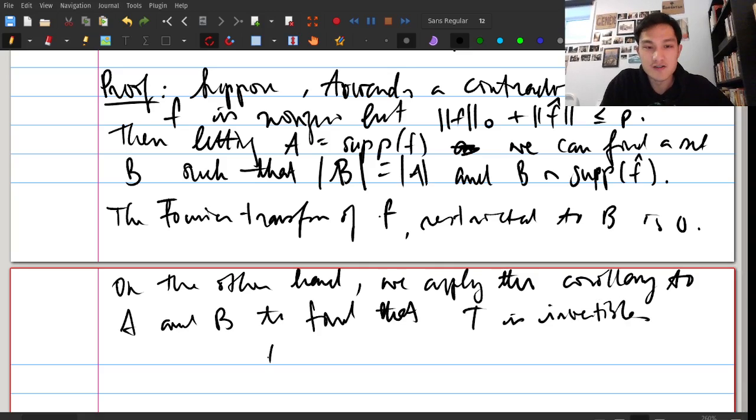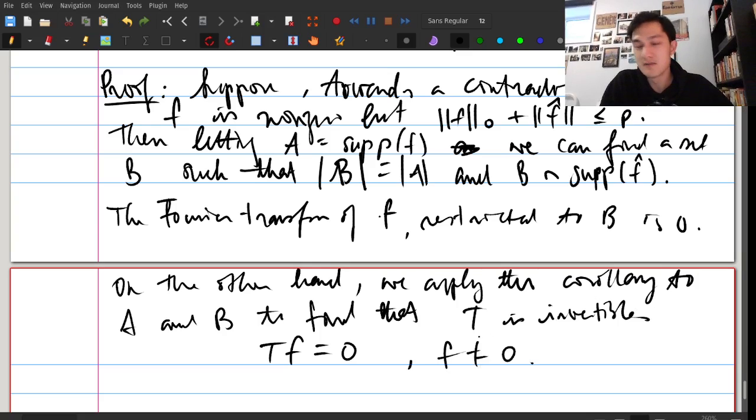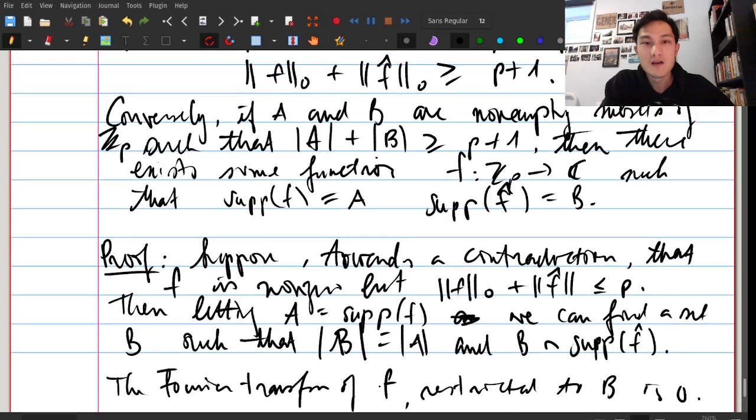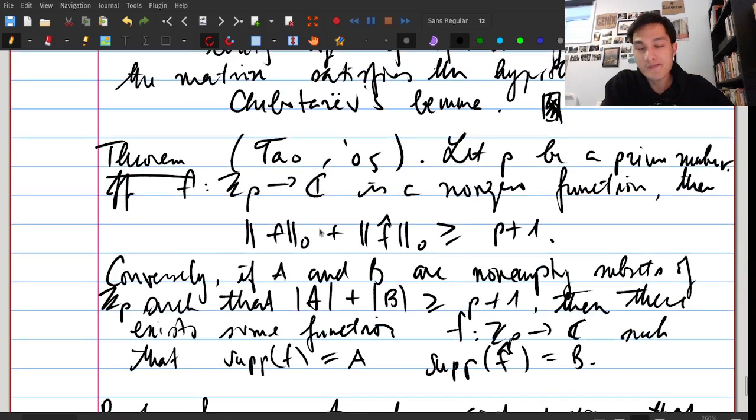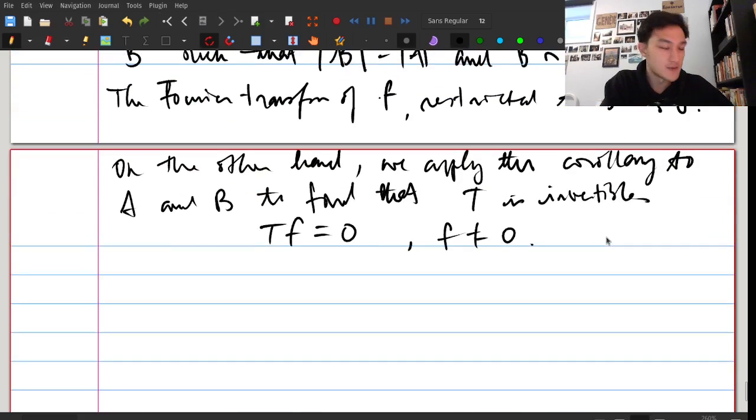But this is a contradiction, because then Tf equals 0, but f is not 0, and T is invertible, and those contradict each other. So that's this first part. The sizes of the support of f and the support of f hat have to add up to at least p plus 1.